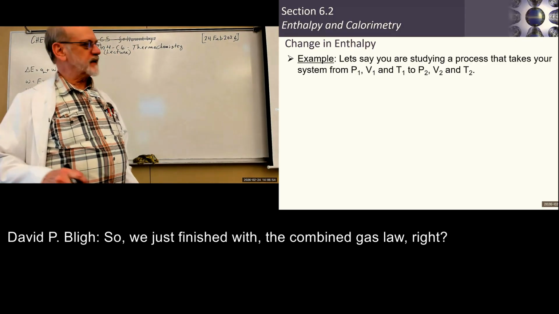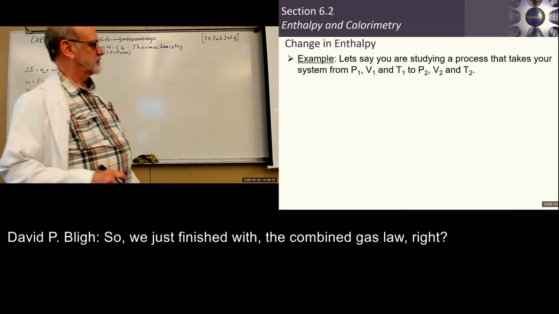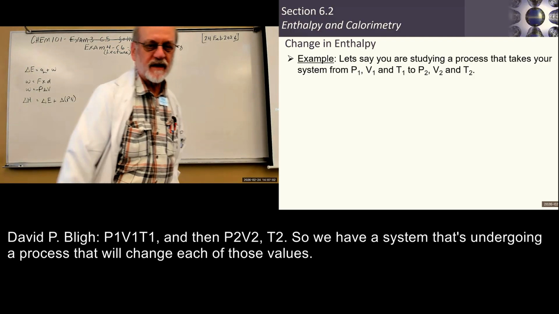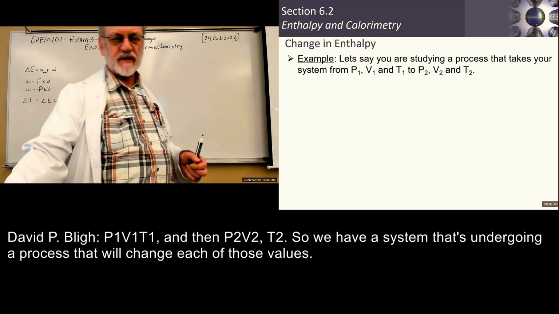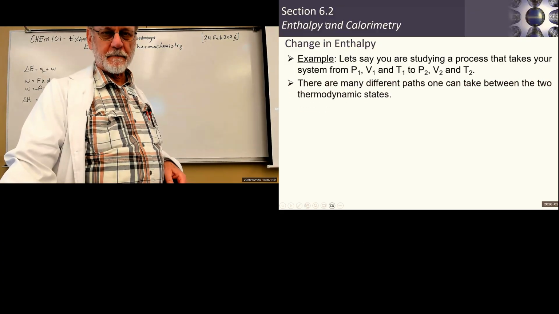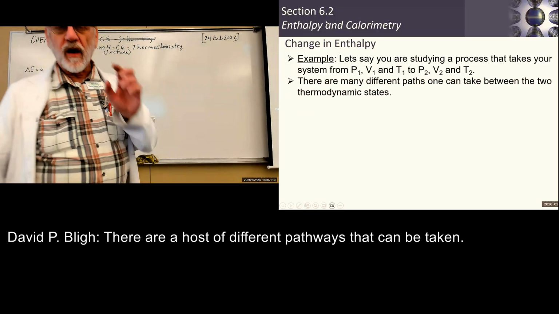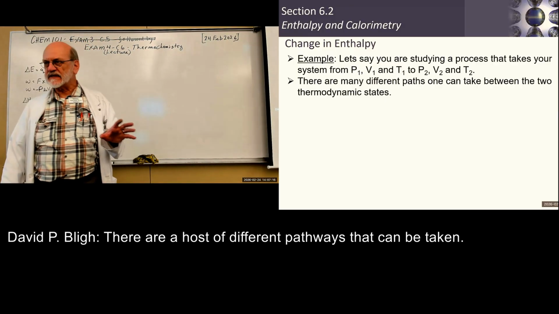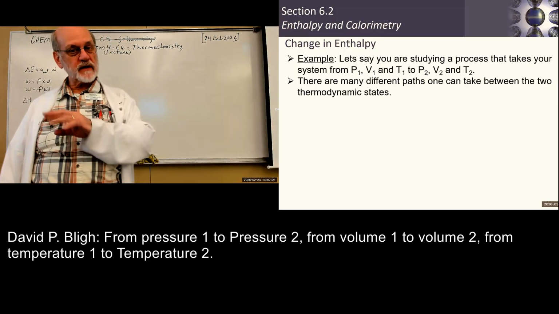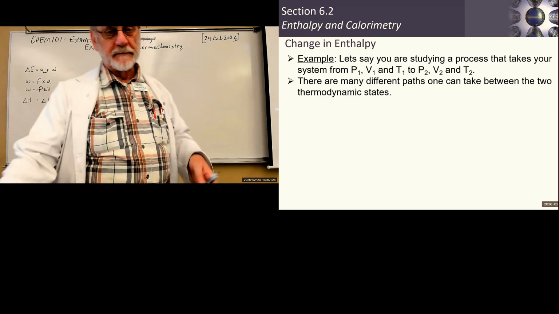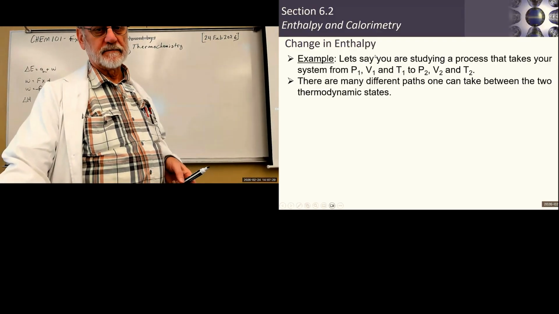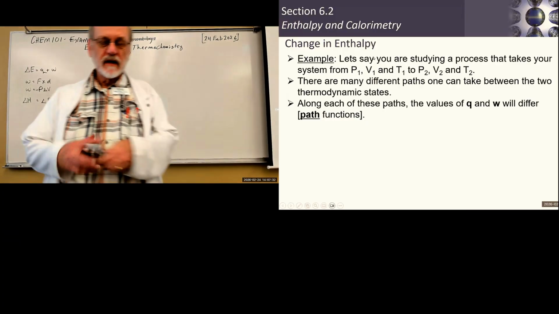So we just finished with the combined gas law, right? P1V1T1 and then P2V2T2. So we have a system that's undergoing a process that will change each of those values. There are a host of different pathways that can be taken, from pressure 1 to pressure 2, from volume 1 to volume 2, from temperature 1 to temperature 2. That makes it a path function wherever those are involved to get from one state to the other.